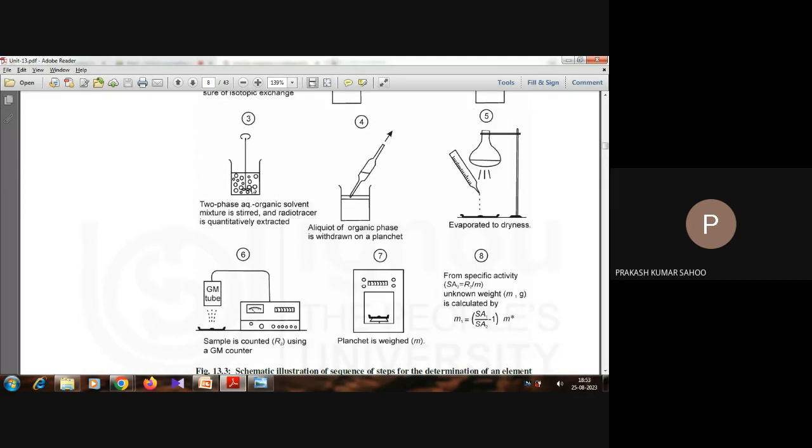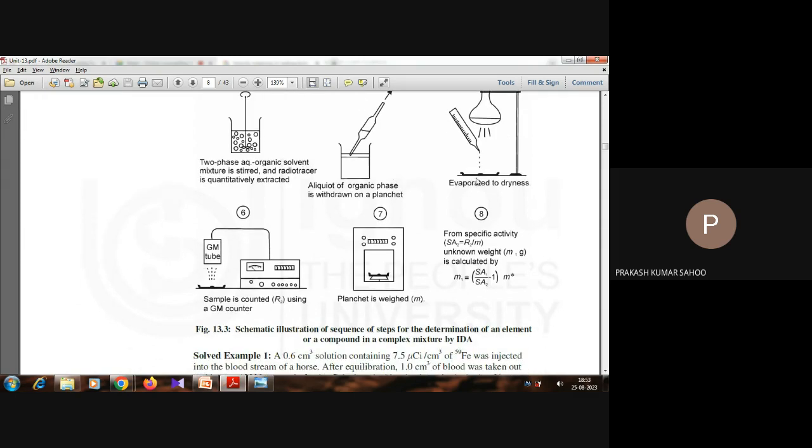After that, the two-phase organic solvent mixture is stirred and the radiotracer is quantitatively extracted. Then an aliquot of the organic phase is withdrawn with a pipette and evaporated to dryness. It is step 5. After drying on the plate, which is a Geiger-Muller GM plate, we have the analysis in the GM chamber.